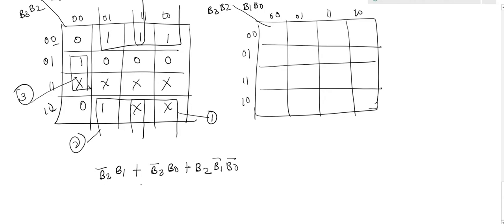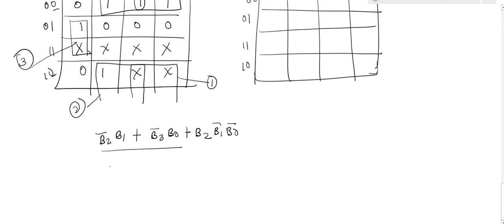Now from these two, I can take a common B2 bar outside and internally it is B1 plus B0, plus B2 B1 bar B0 bar. Now this is the expression for E2.